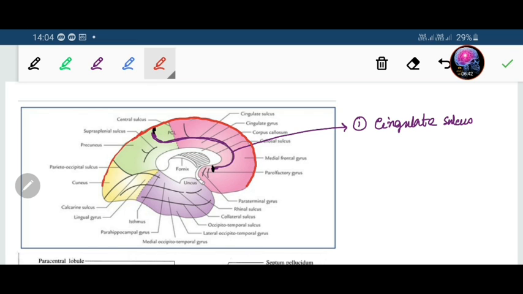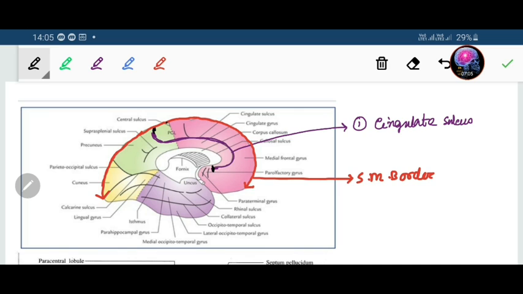It separates the superolateral surface from the medial surface. So the posterior end of the cingulate sulcus reaches the superomedial border of the hemisphere, a little bit behind the upper end of central sulcus.